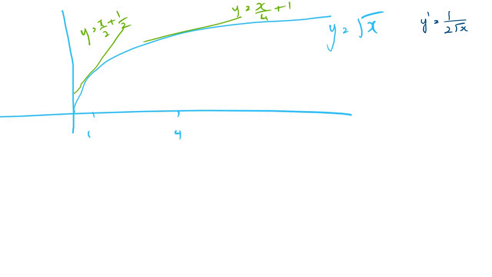Let's look at the function again. This is the graph of y equals square root of x, and we know the derivative of this. We found the equation of the tangent at x equals 1 and y equals 1, and at x equals 4 and y equals 2, by getting the gradient of the tangent.